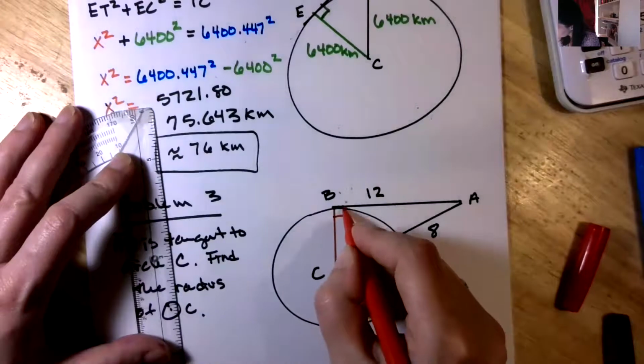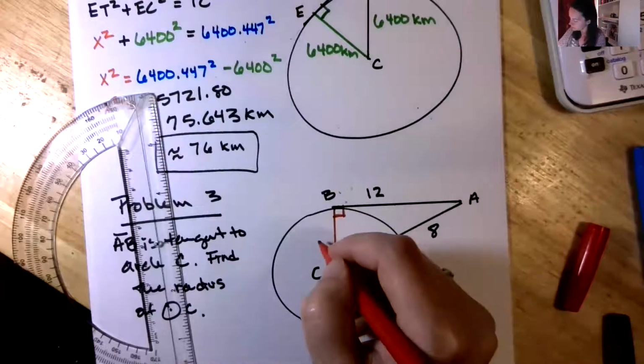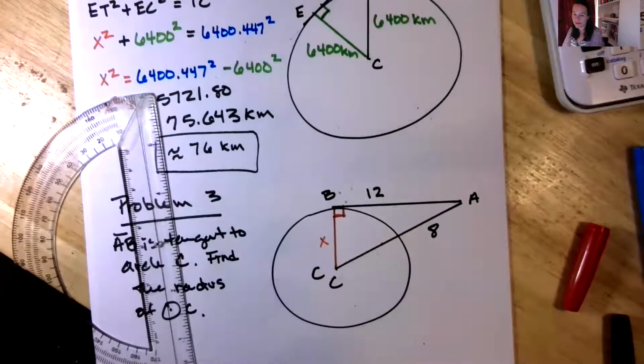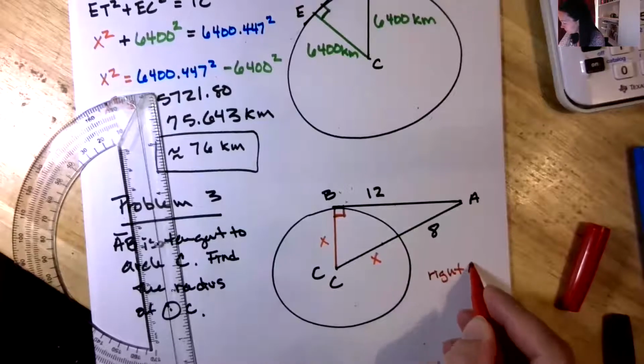And I'm going to note that that's perpendicular. And then this is also a radius. So we've got X here. I want to find that radius. This is also X. Now I've got another right triangle.